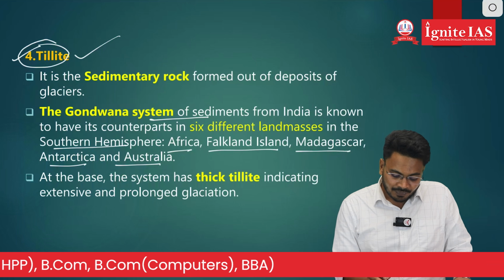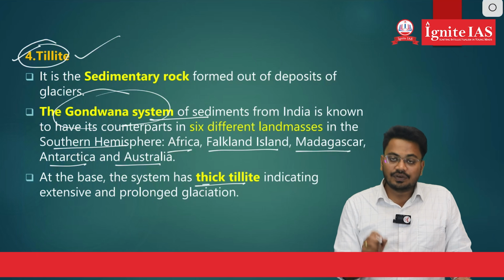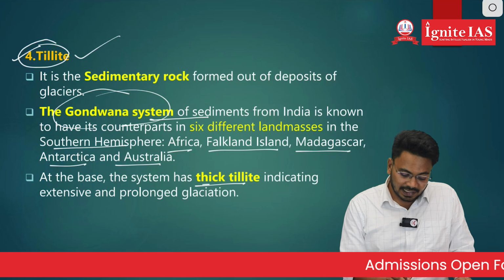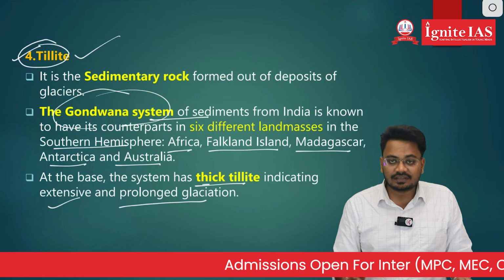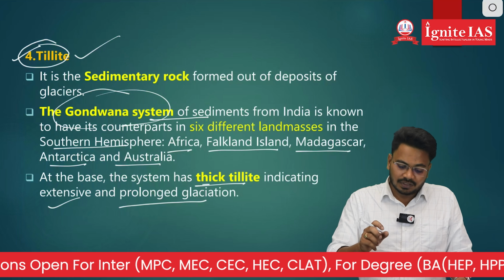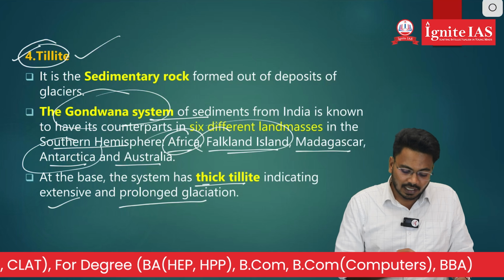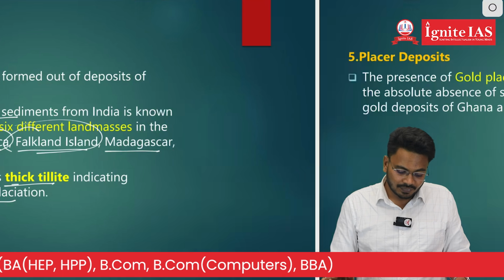He is saying that below this Gondwana system we have a thick tillite, which actually indicates the extensive and prolonged glaciation that took place in all the places, starting from Africa, Falkland Islands, Madagascar, Antarctica and Australia.